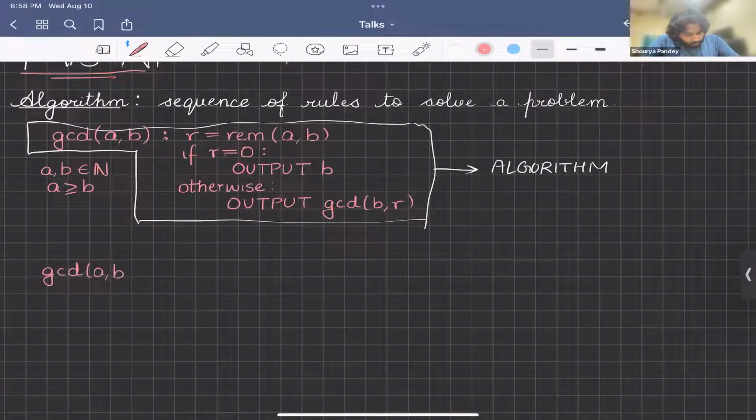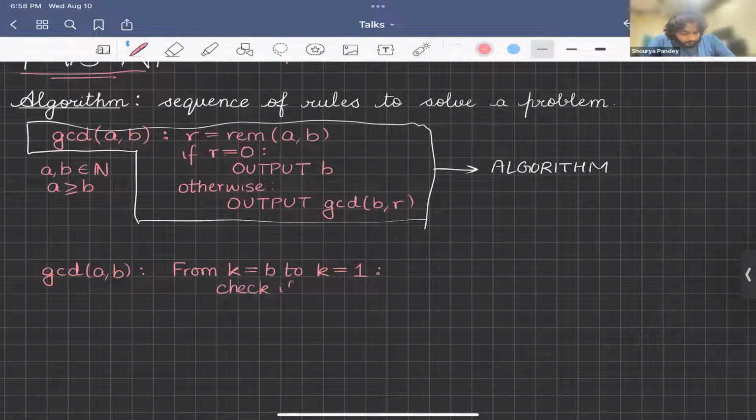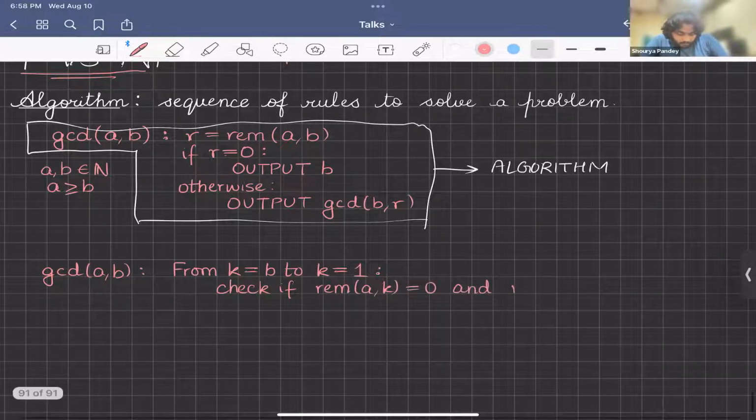GCD of A and B: start from K equal to B. Again, I'm assuming A is at least B. Go down to K equal to 1. Check if the remainder when A is divided by K is 0, and the remainder when B is divided by K is 0.